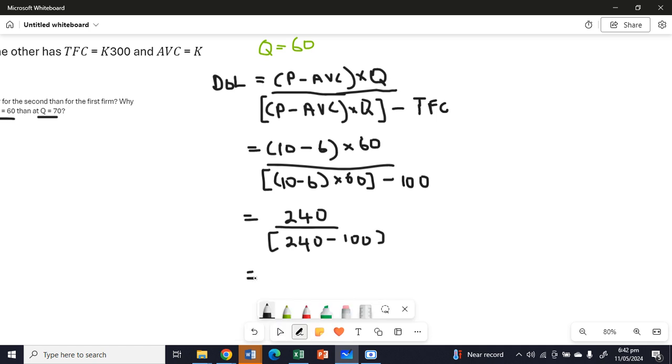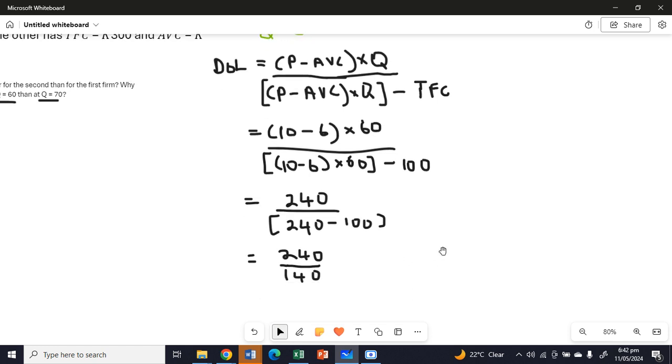So we get 240 over 140. Okay, 240 divided by 140, what did we get? 1.7. That's our degree of operating leverage.